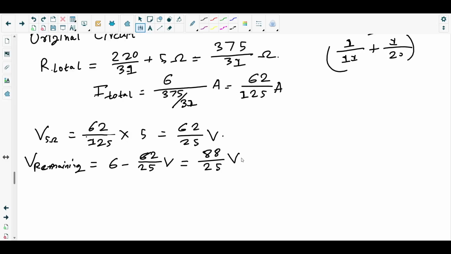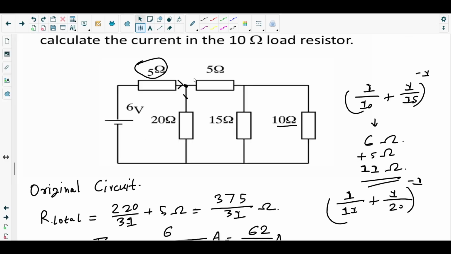That would be the remaining voltage, which will be across this whole part, excluding the 5 ohm resistor on the left and including all the resistors on its right, and the 20 ohm resistor will also be there. So if you see now, the 20 ohm resistor is in parallel with this combination, right?